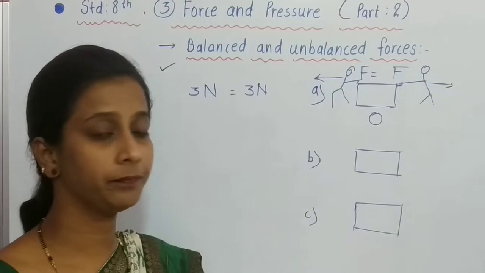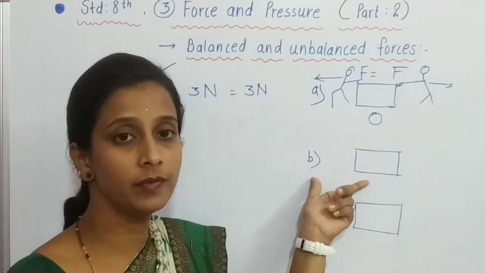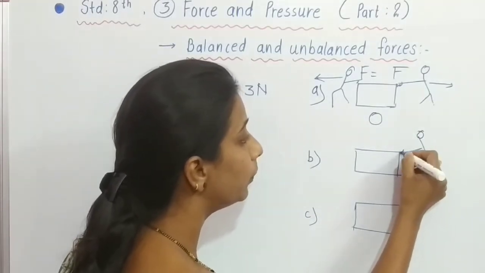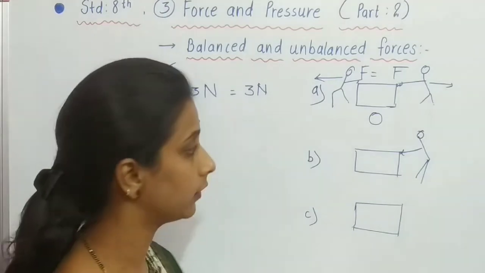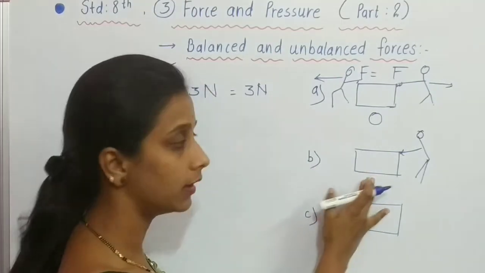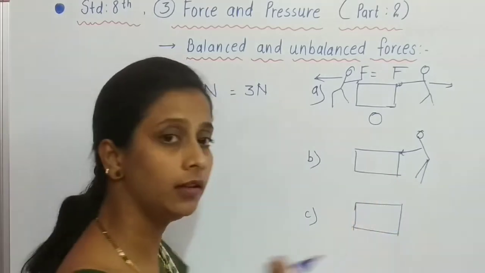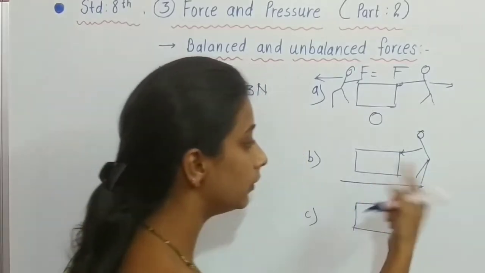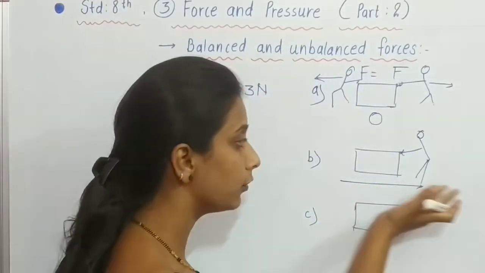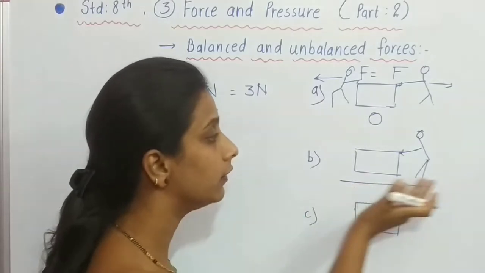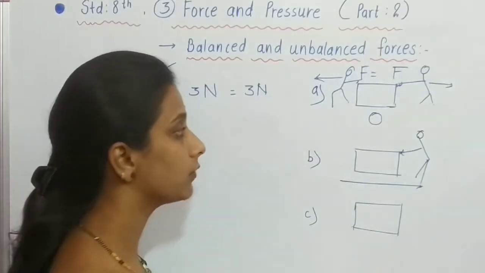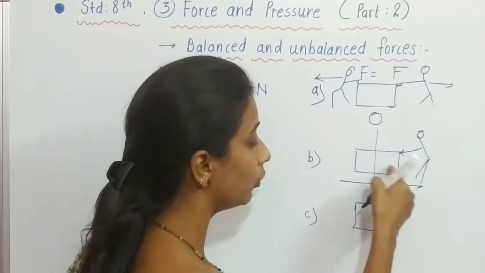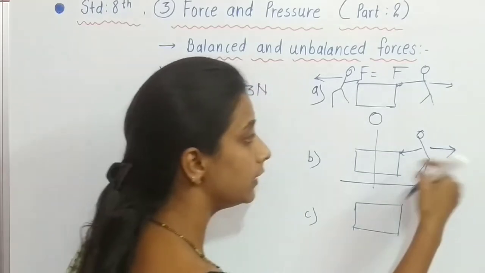Now come to the next, that is object B. Suppose only one person tries to pull this object. Then what happened? The object moves in the direction of force. That person applies force on this object in this direction.